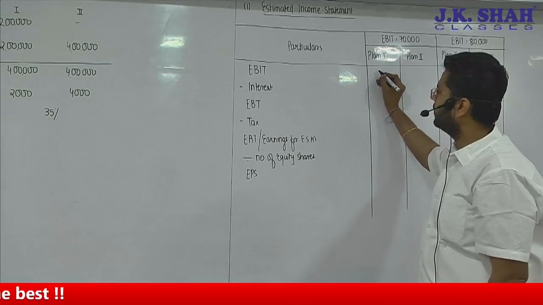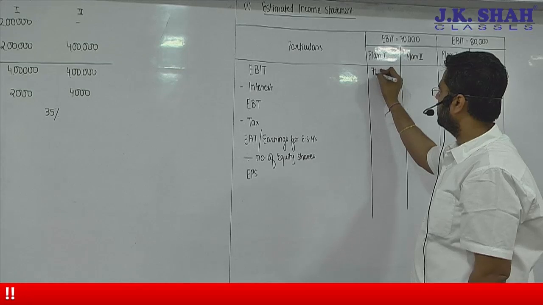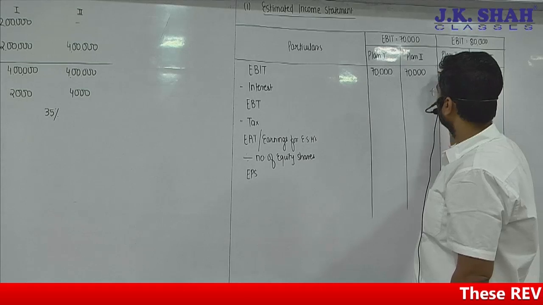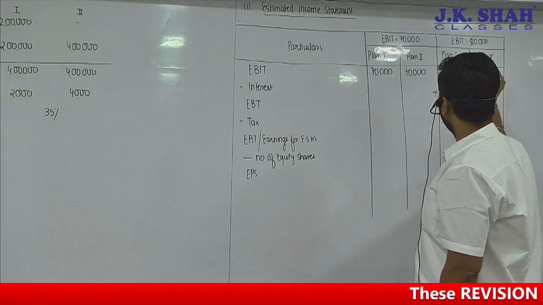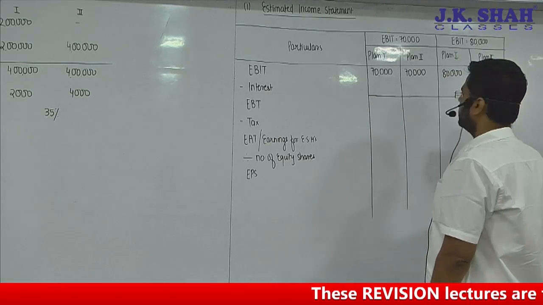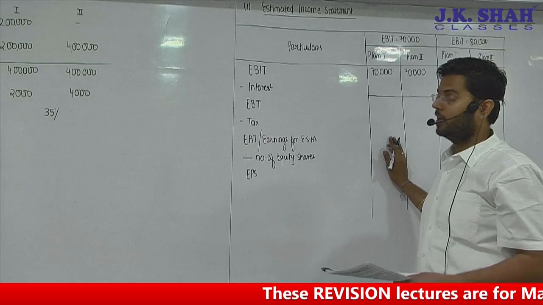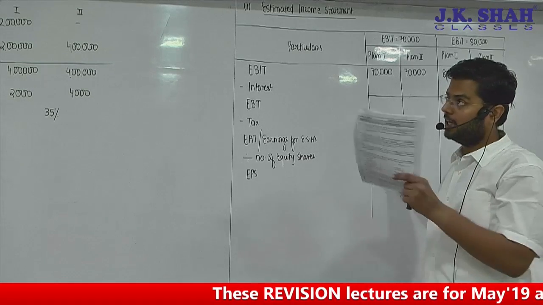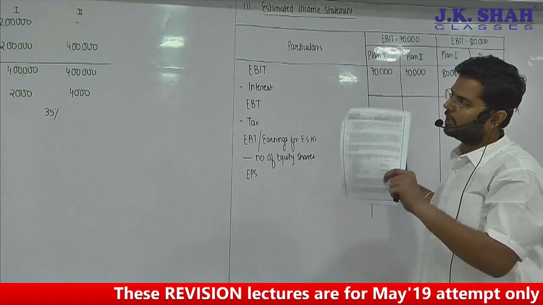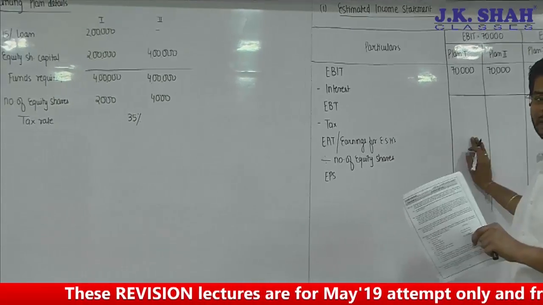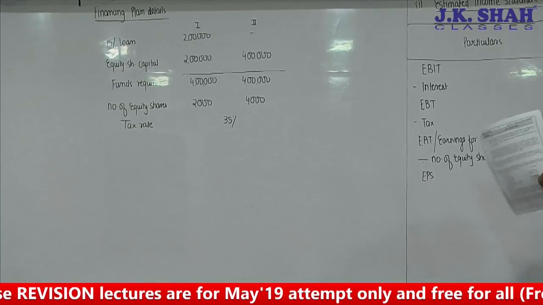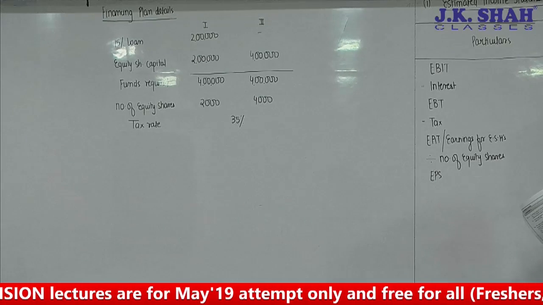So what should be the level of EBIT here? My EBIT here will be 70,000, and here also it's going to be 70,000. But in plan 1, 80,000, and here 80,000. Now from the EBIT, I would subtract the interest. To know which plan the interest appears in, I need to check the table. If you notice, there are two plans, but it's only in plan 1 that you find the loan amount of 2 lakh rupees at a 15% rate of interest.